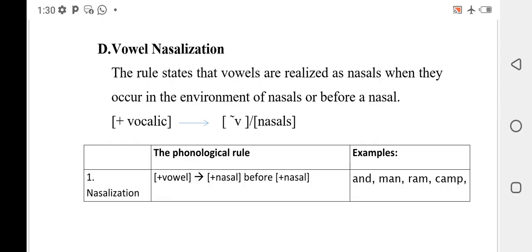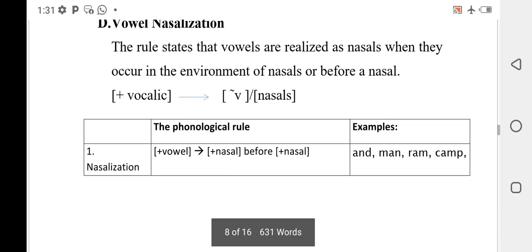Normally it should be on the phoneme that you are talking about. So this V with this symbol on it is a nasalized vowel when it comes in the environment of nasals. That is the formalization of this rule.